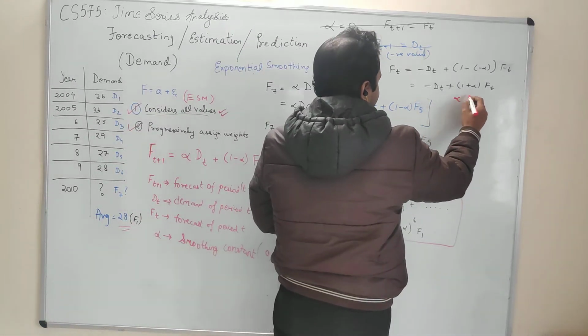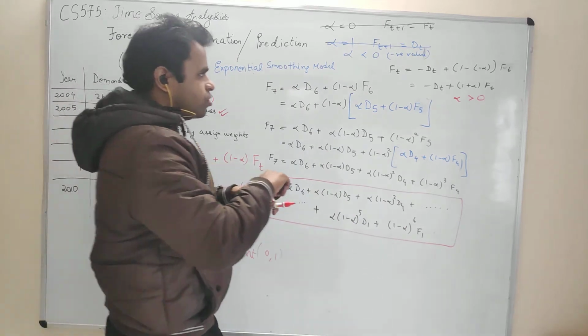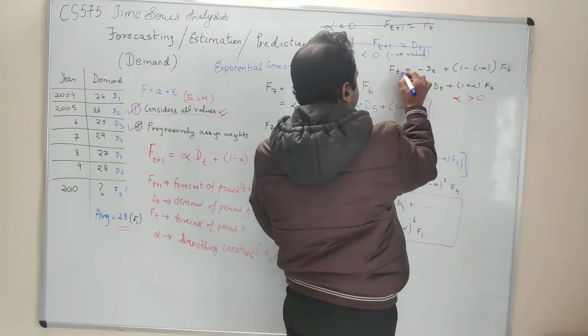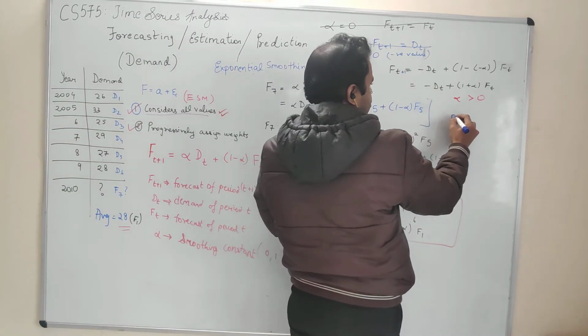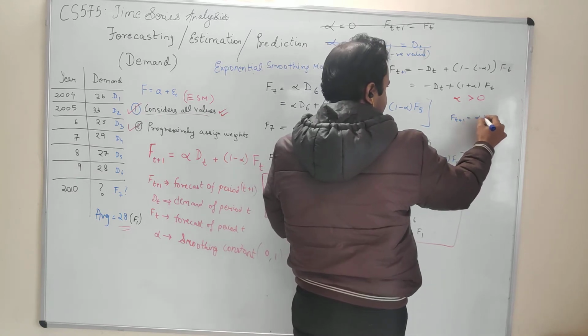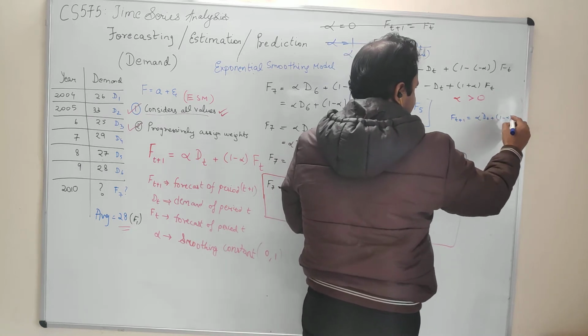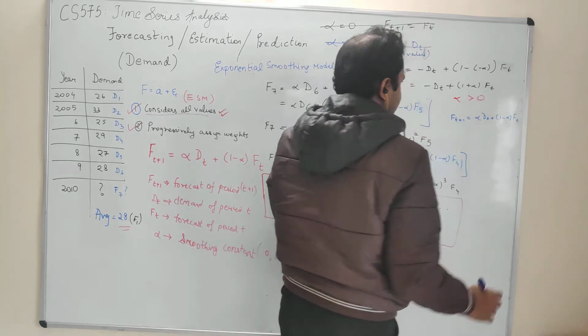Now take if alpha is greater than 1. Oh sorry, this is ft plus 1. Okay. So ft plus 1 is equal to alpha into dt plus 1 minus alpha ft.